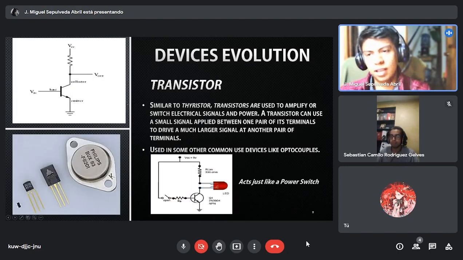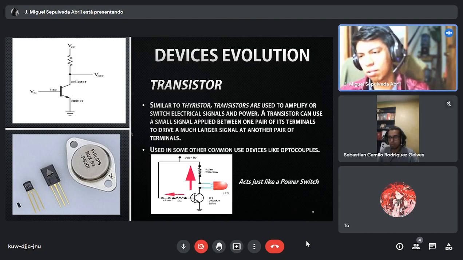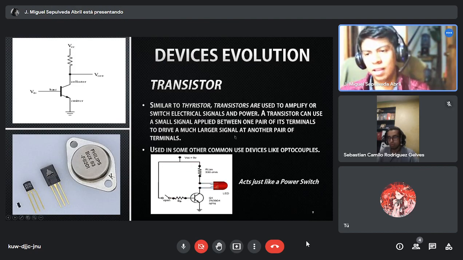A similar device is the transistor. They are used to amplify or switch electrical signals in power, so we can use them with a small signal in the base, and between the collector and the emitter we let through a current. We will drive a high current, and that's usually called beta gain.